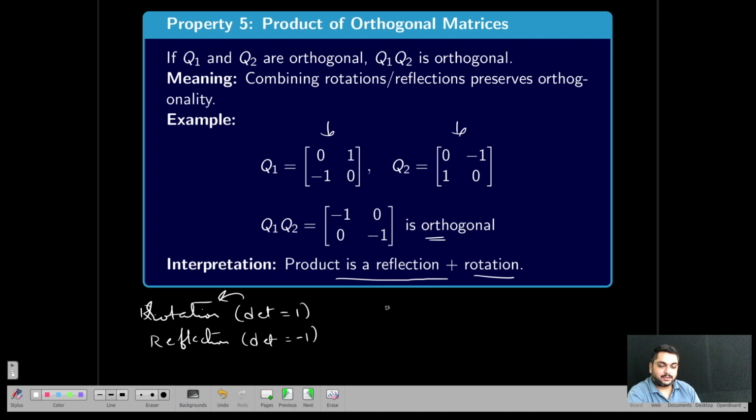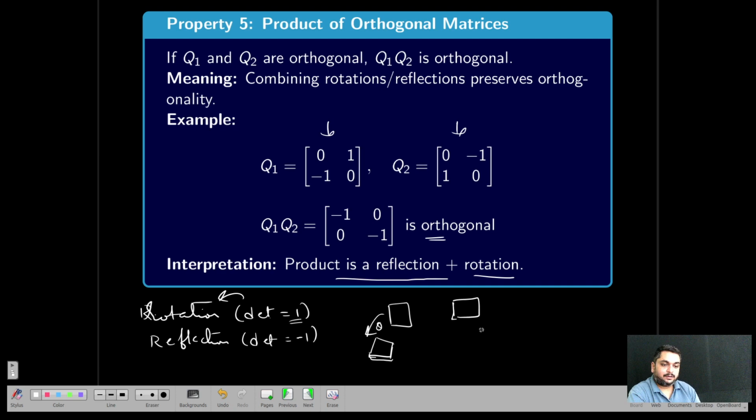Okay, so reflection, for example, initially the object was here. Okay, now if I rotate it by some theta, it comes somewhere here like this. So there is no change in the volume. Volume remains the same. Okay. Now reflection means what?